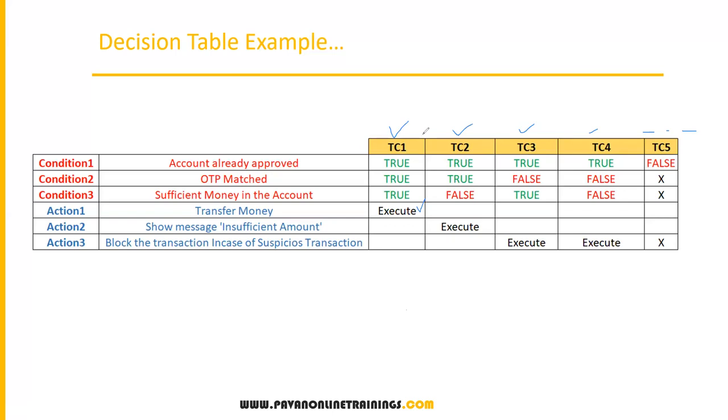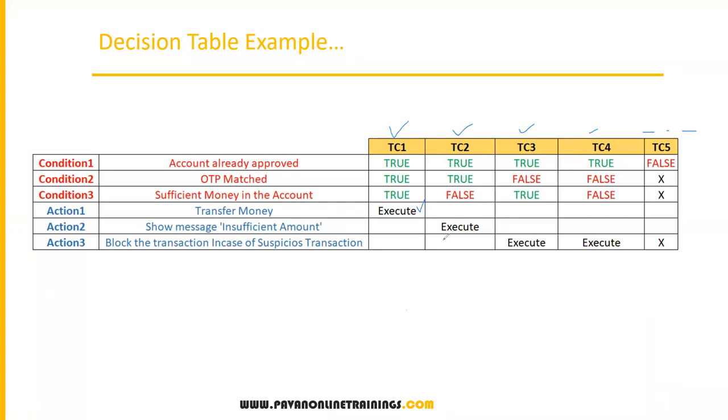And the second test case. Account is already approved, true. OTP is also matched, but there is insufficient money in your account, so sufficient money is false. Then what action is to be performed? You cannot transfer the money here because you have insufficient money.